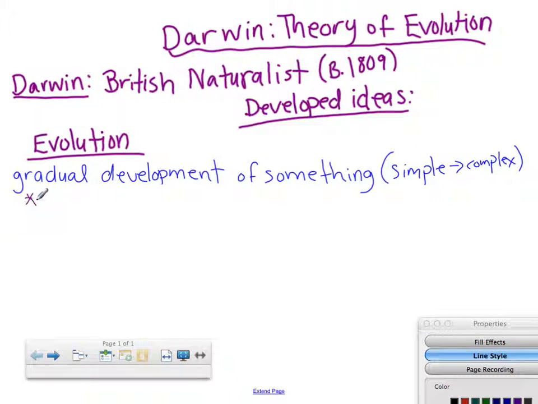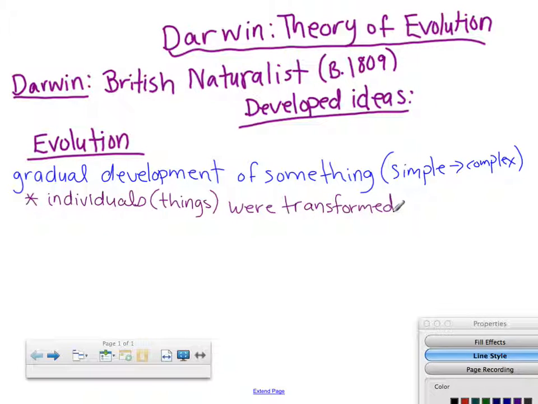However, for evolution, Darwin believed that individuals or living things, I'm just going to put things, were transformed into a species that were what?